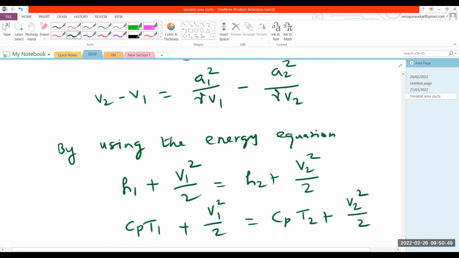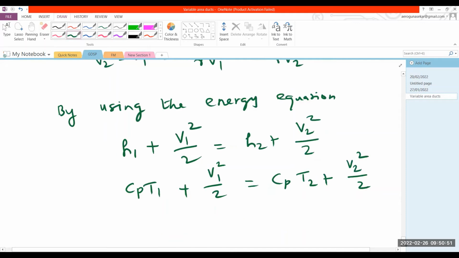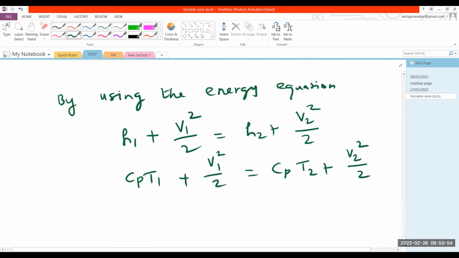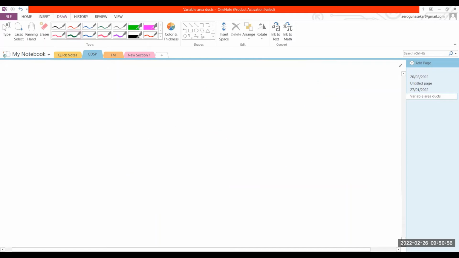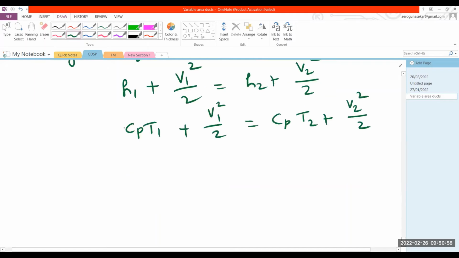Then you can substitute the relationship for Cp, because you know Cp equals what? Your Cp value is nothing but gamma R by gamma minus 1.